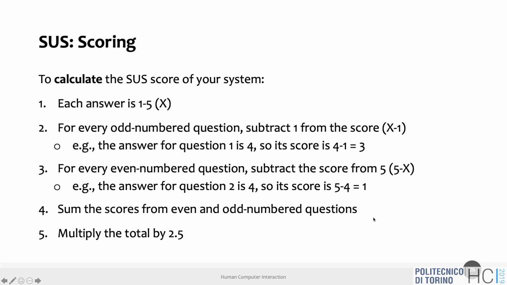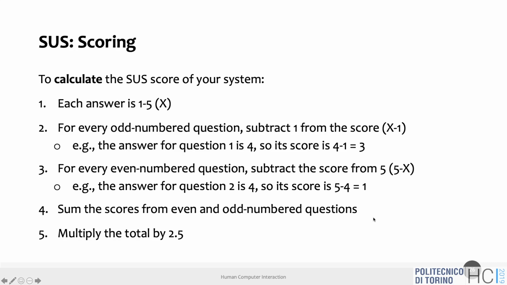Once you perform this computation, you sum the score. If you imagine just 2 questions, it's 3 plus 1, for all the questions, and multiply the total by 2.5. That's it. So your result for every odd number question is the score minus 1, plus, for every even number question, 5 minus the score.